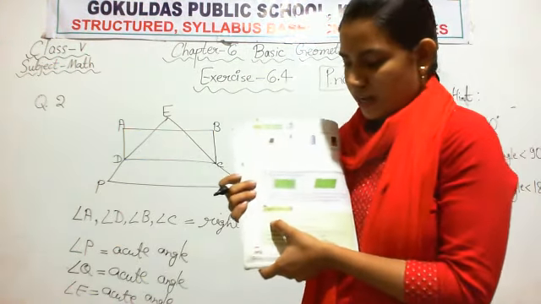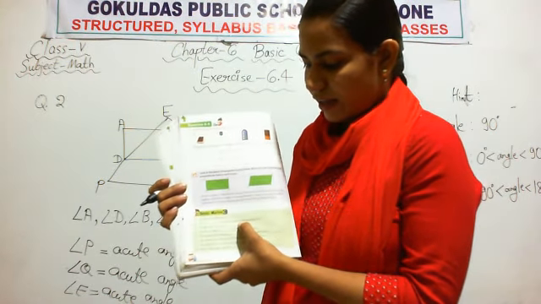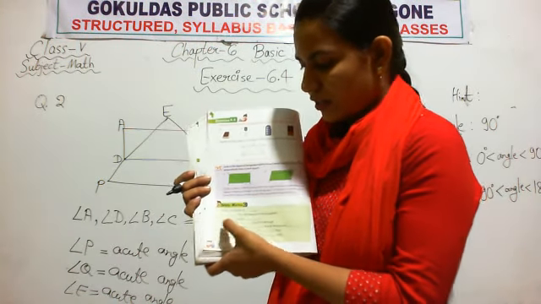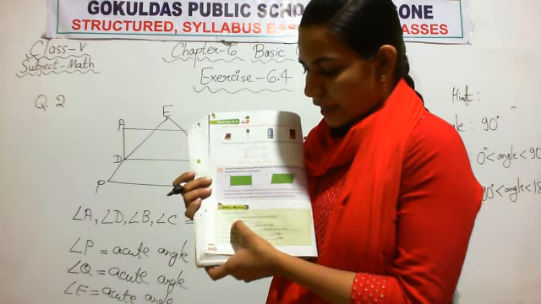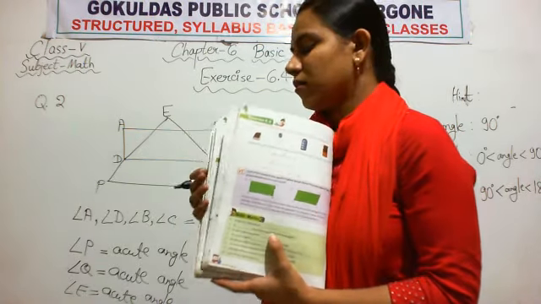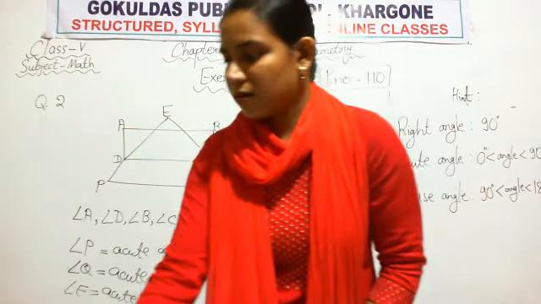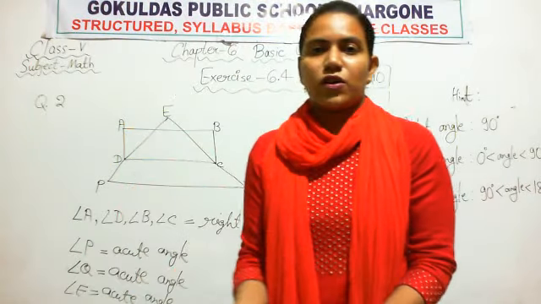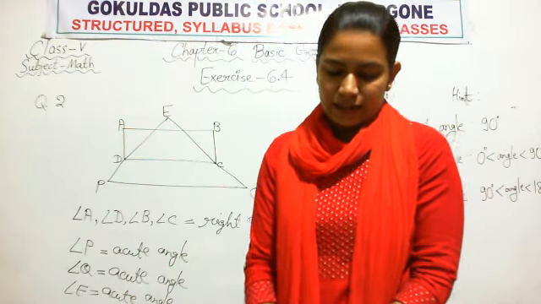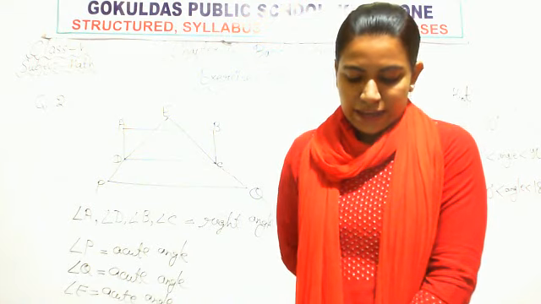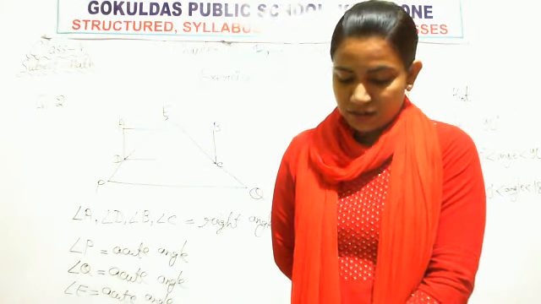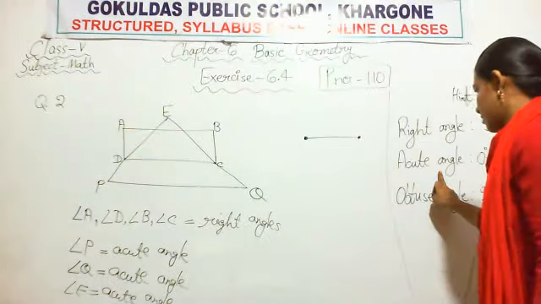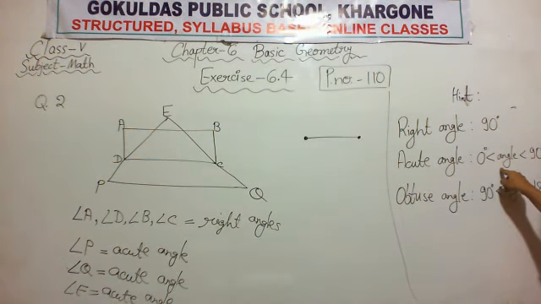So a line segment has a starting point and an end point. Next, a right angle measures blank. What is the measure of a right angle? The measure of a right angle is 90 degrees. Next, an acute angle is blank than a right angle.